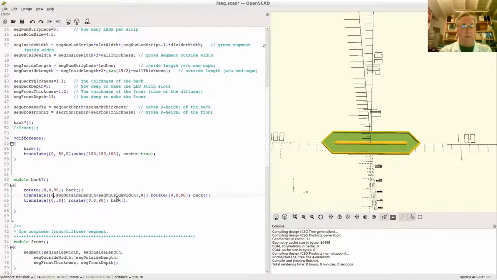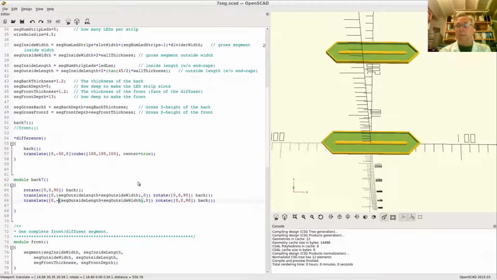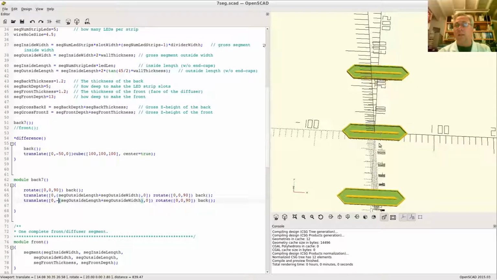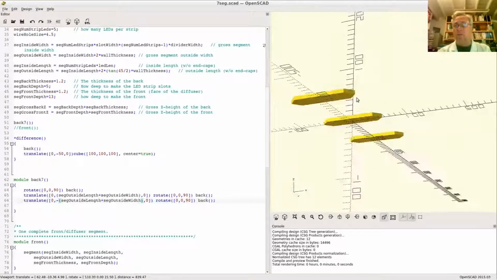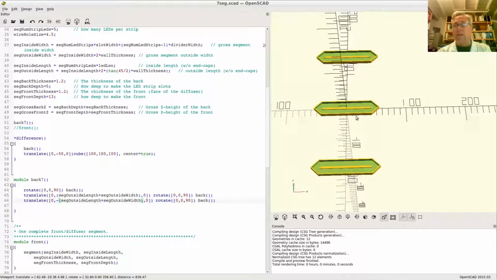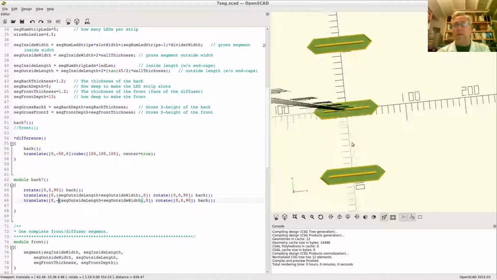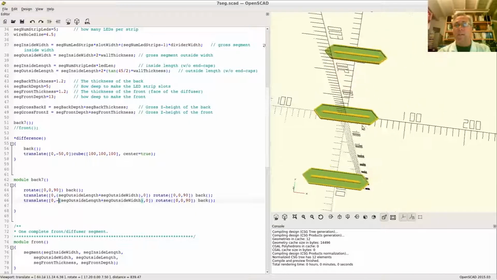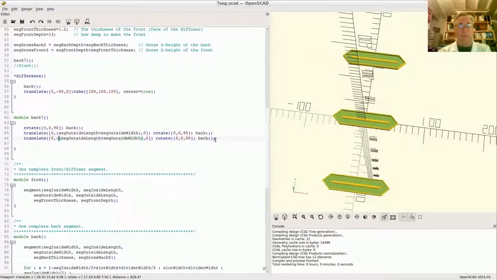I'm going to put parentheses around this so that they're both basically the same, except the bottom one will have a negative in front of it. So that's up and down that much. And do a save, and it replots it. And that's about where they should be as well. This is the 100, there's the 200. So we know that this outside length for 5 LEDs is just less than 100. And then we got half a width and a half a width, so that's about 100. So this looks like what we would expect for those 3 segments.